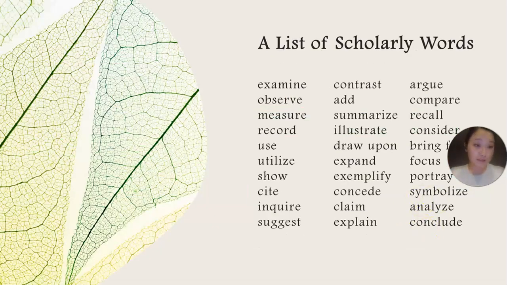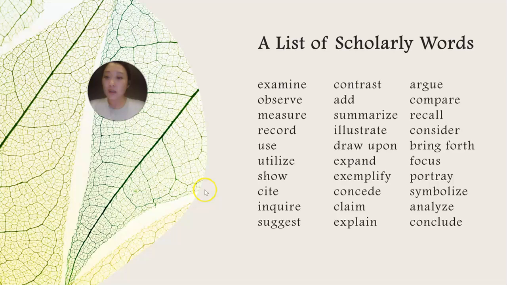This last slide that I have here for style, I'm back in my little leafy corner now. It's a list of scholarly words, and it's for your reference. It's a list of words for you to use instead of continuously saying the author states, he states, she states, he later states, and then just saying the same thing. You can mix it up depending on what it is.